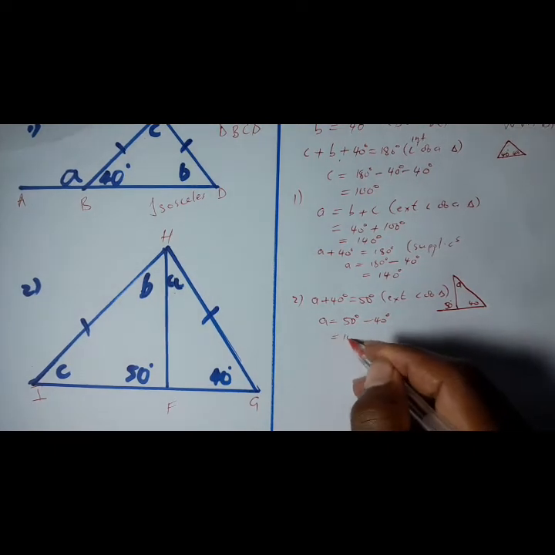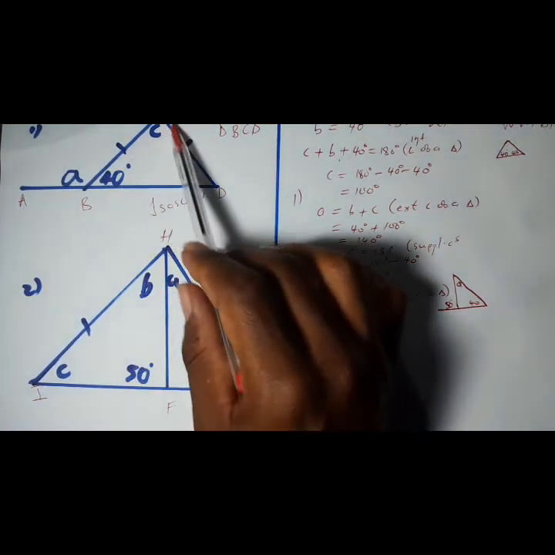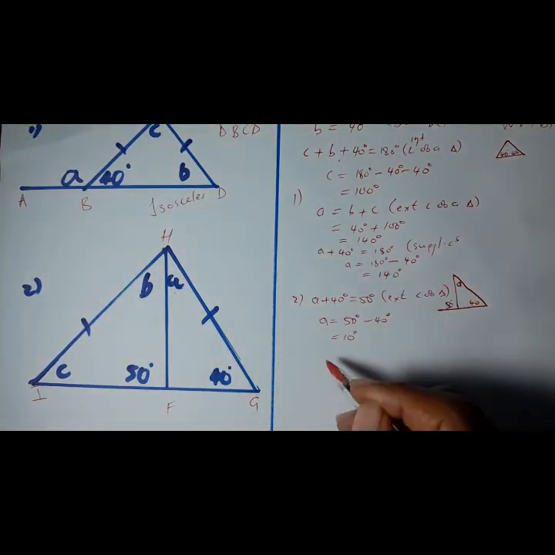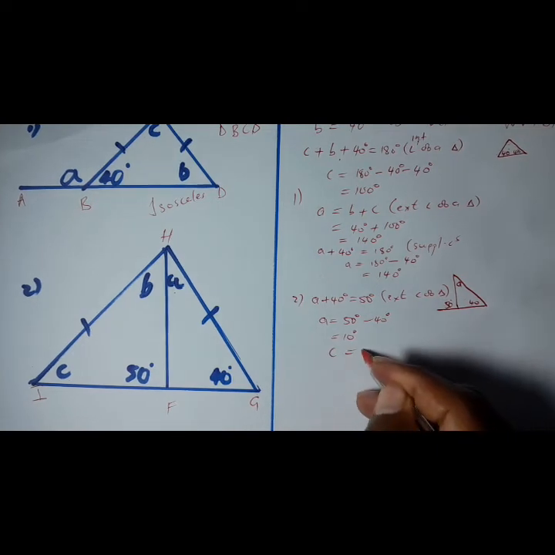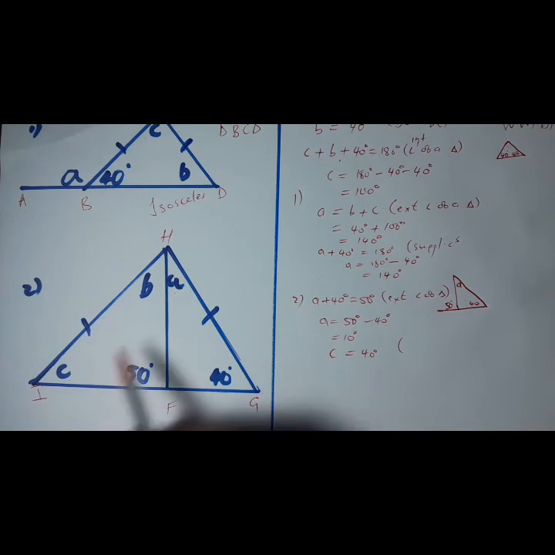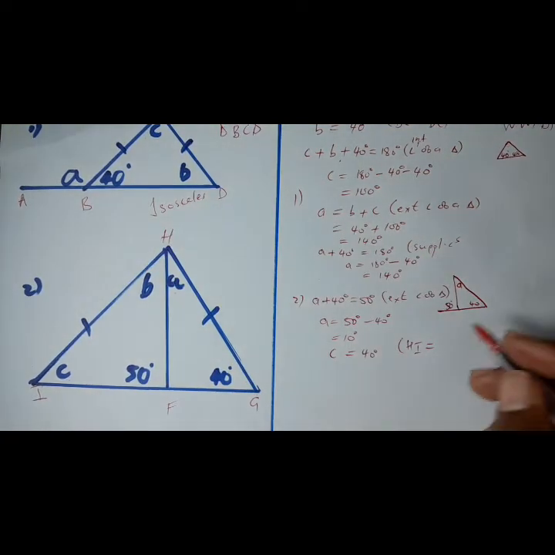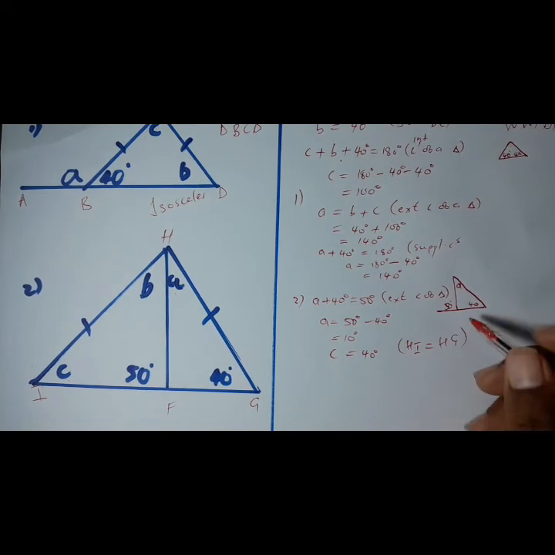So angle A is equal to 10 degrees. Now C, again, this is an isosceles triangle. So then C would be equal to 40 degrees, simply because HI is equal to HG in the other triangle.